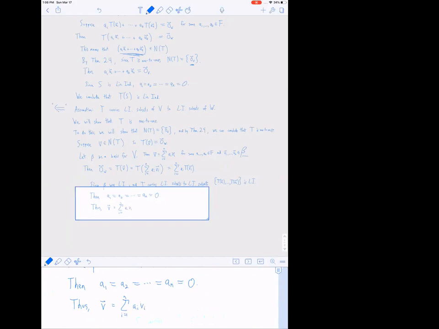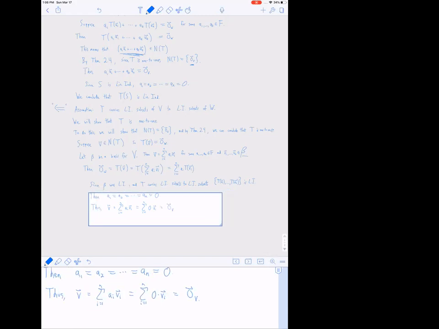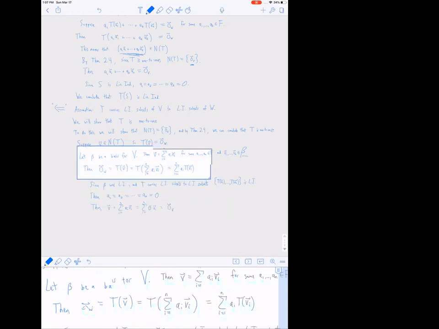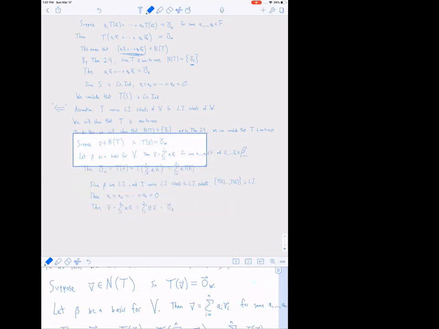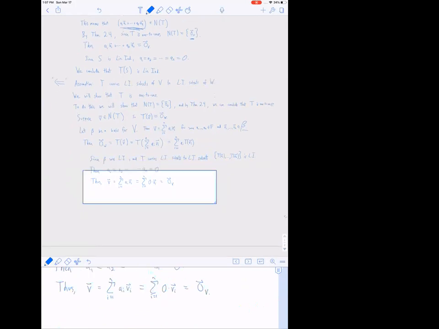So what this really tells us is that the vector v we started with, the sum of a_i times v_i, well, that's just a sum of 0 times these basis vectors now, which ultimately will give us the zero vector from V, which means that any arbitrary v that we select from the null space must actually be the zero vector from V. It can't be any other vector.